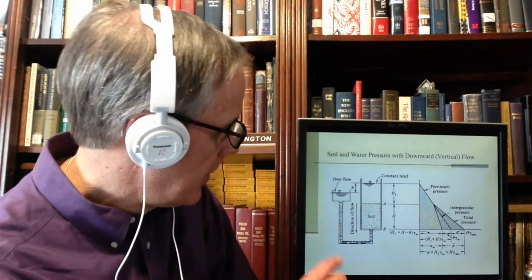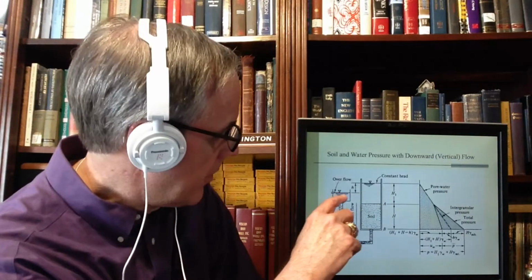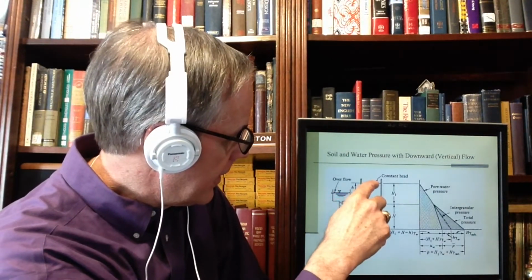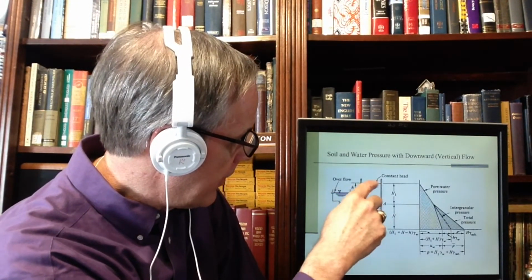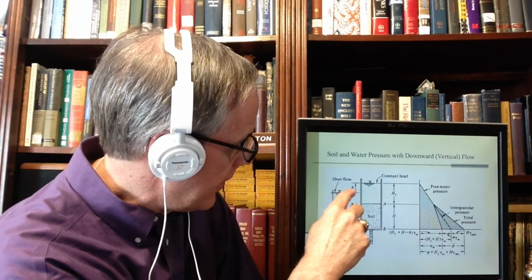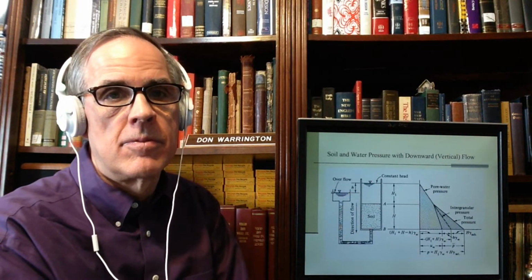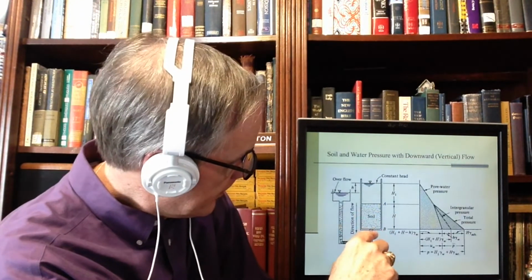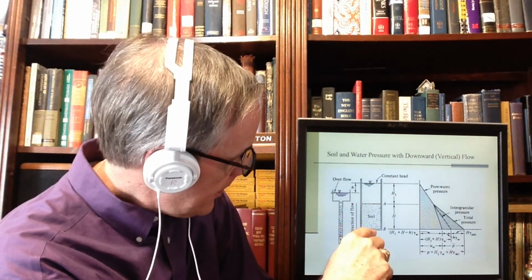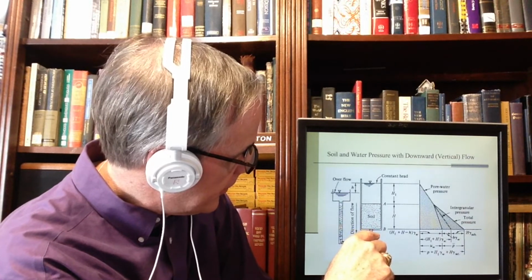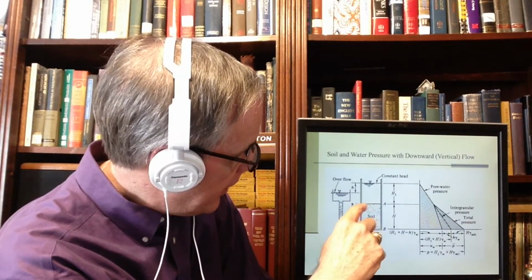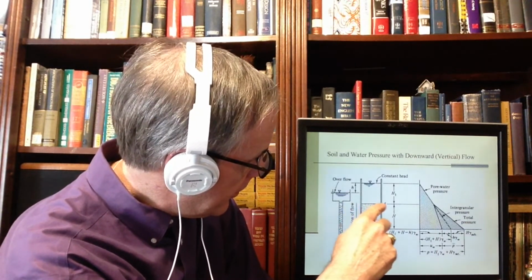The first thing, this is downward flow, and we know it's downward flow because this head level here is higher than this head level here by this h. So you need to first of all figure out two things. One, you need to figure out the hydrostatic head at the surface of this.